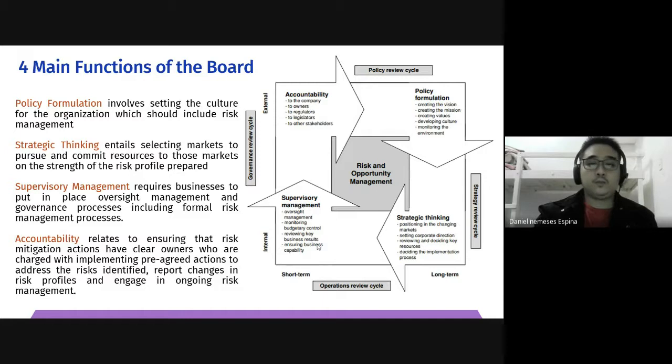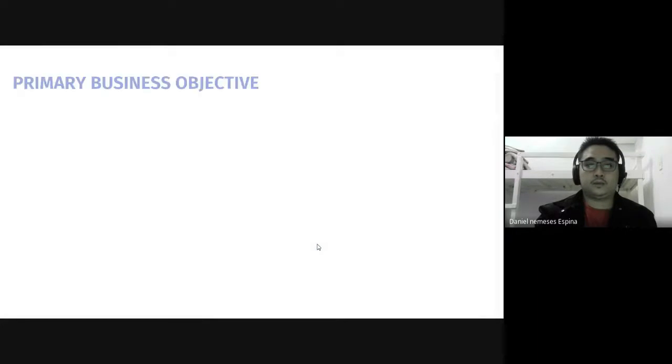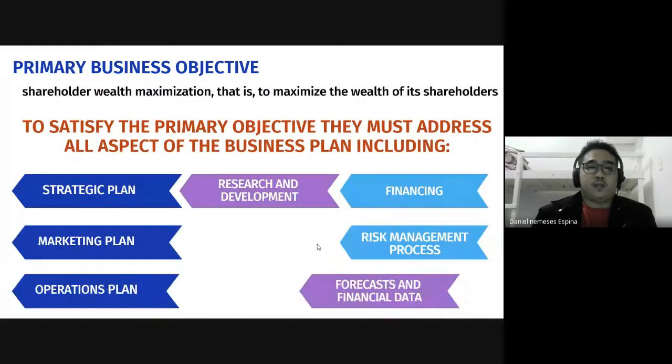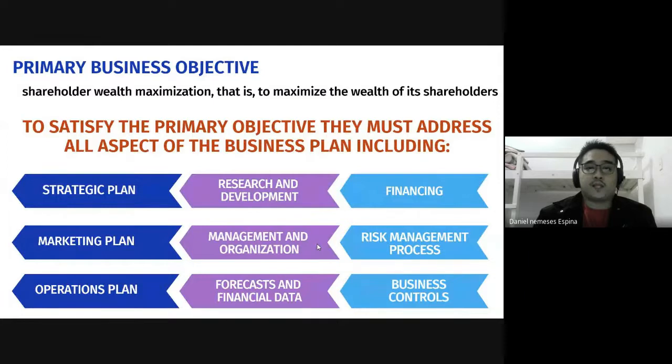So risk and opportunity management is a cycle. Going back from the governance review cycle, policy review cycle, strategy review cycle, and operations review cycle. The primary business objective is shareholder wealth maximization. So that is to maximize the wealth of its shareholders.